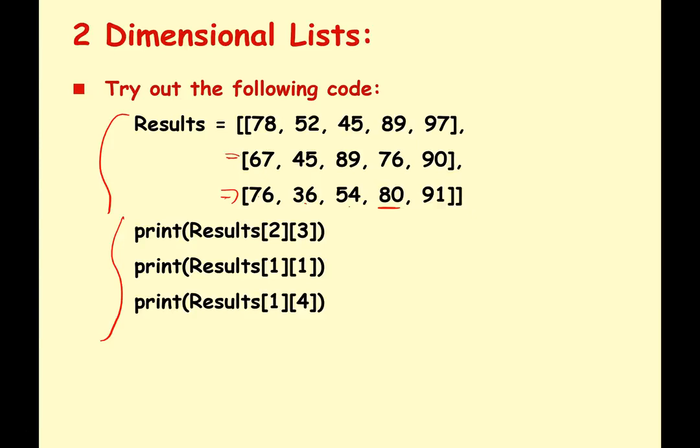Okay, so we go to row 1, column 1, 45, isn't it? Print results 1, 4. So again, we're going to go to row 1, which is here, and position 4, column 4. 0, 1, 2, 3, 4. Hopefully that's what's going to print.